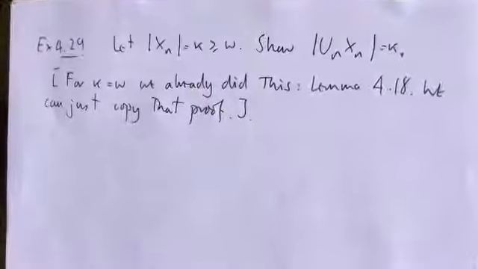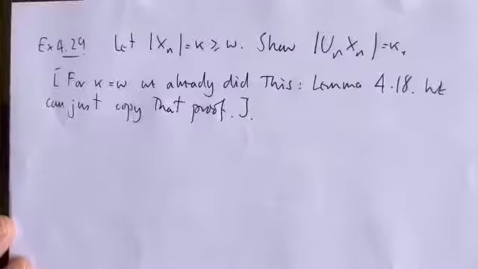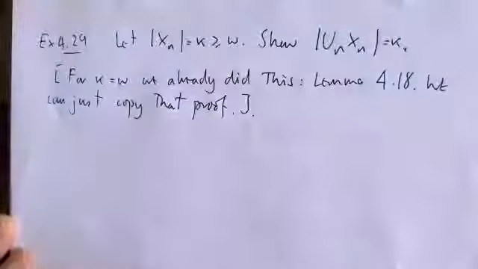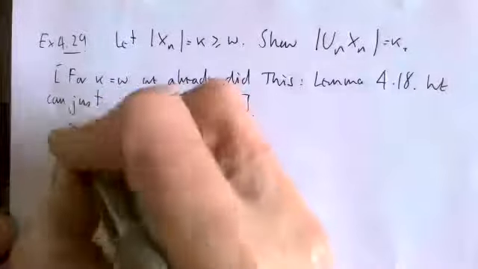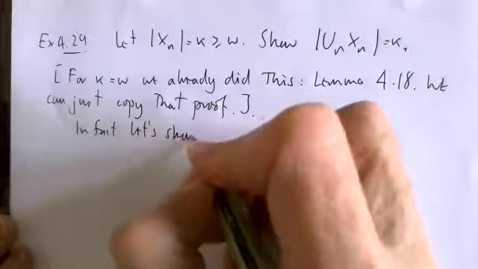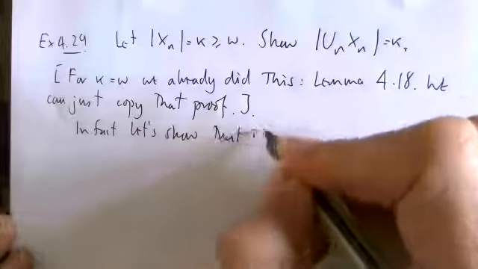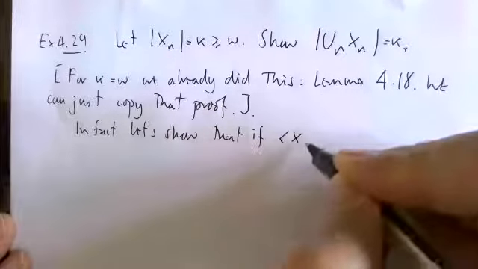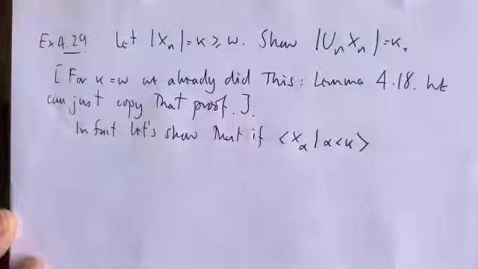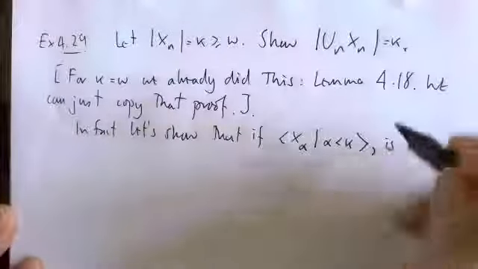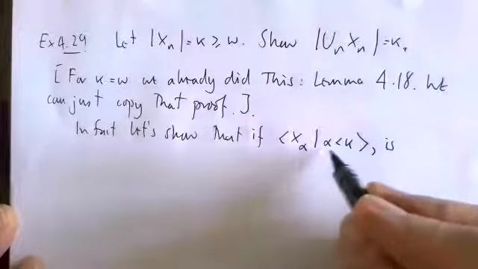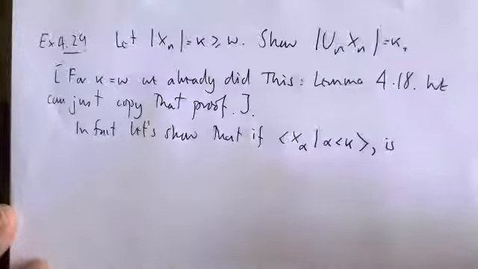Okay, I think there's no harm in doing this again. In fact, what we'll show is, so let's do something better. Suppose I've got X alpha, alpha less than kappa, not just a countable sequence indexed by less than omega, I've actually got a kappa sequence of sets.